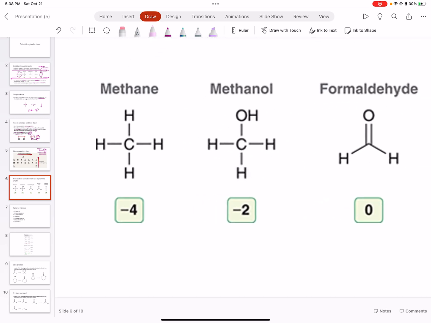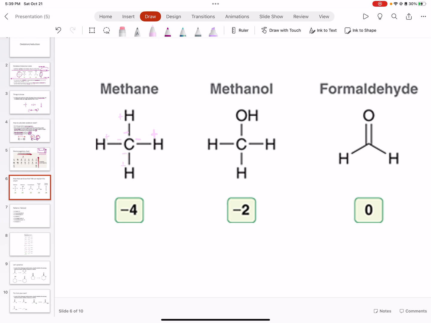Like I said, we're going to compare each bond individually. For example, between carbon and hydrogen, carbon is the more electronegative, so it's going to carry a negative charge, and hydrogen is going to carry the positive charge, since hydrogen is less electronegative than carbon. Everything else is the same: we still have that carbon-hydrogen relationship, negative positive, negative positive.